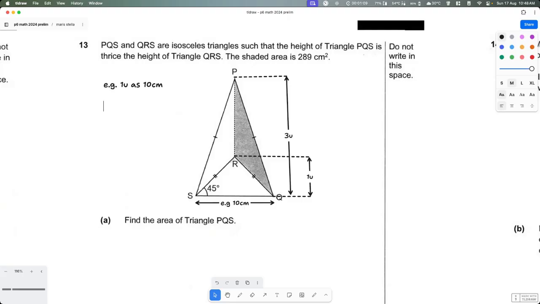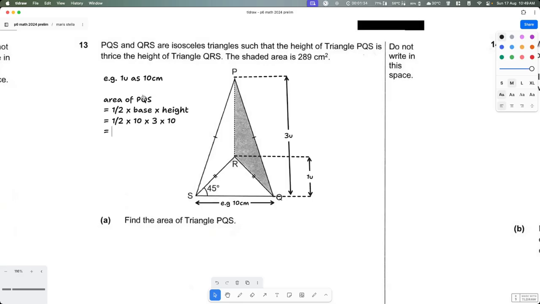So I just want to share with you what the units for area are, right? So area of PQS is equal to half times base times height. We know the base is 10, so half times 10 times the height, which is 3 times 10.